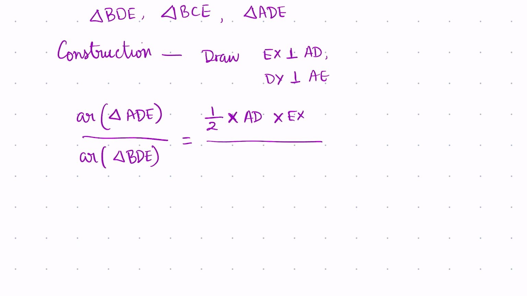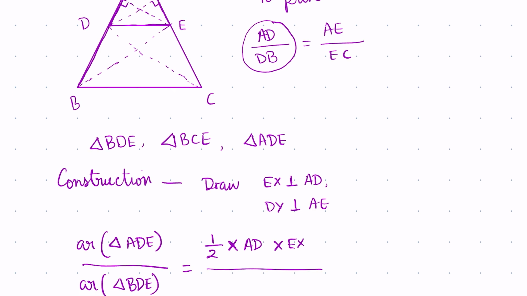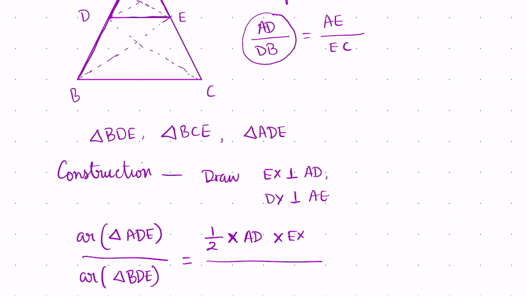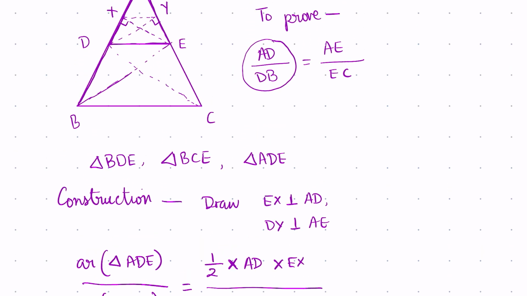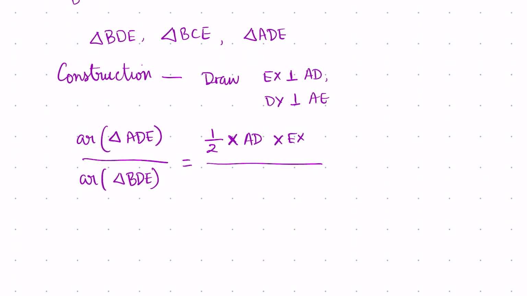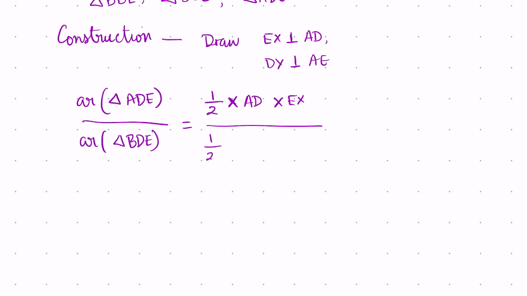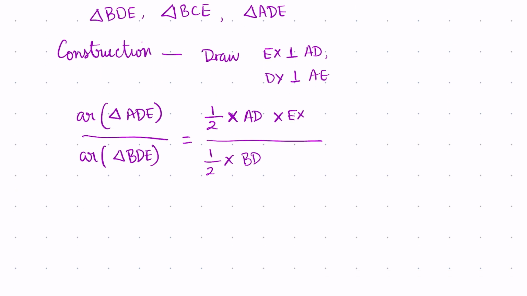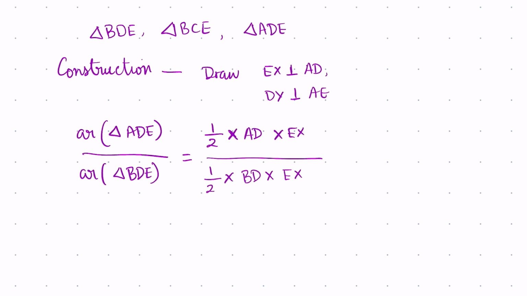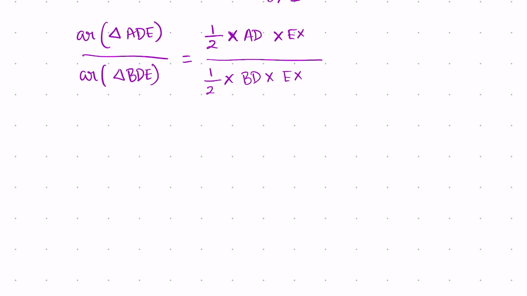What's the area of triangle BDE now? BDE also has the same height. This is the height, right? The height is common for both the triangles, so half into, what is the base? Base is BD into EX.